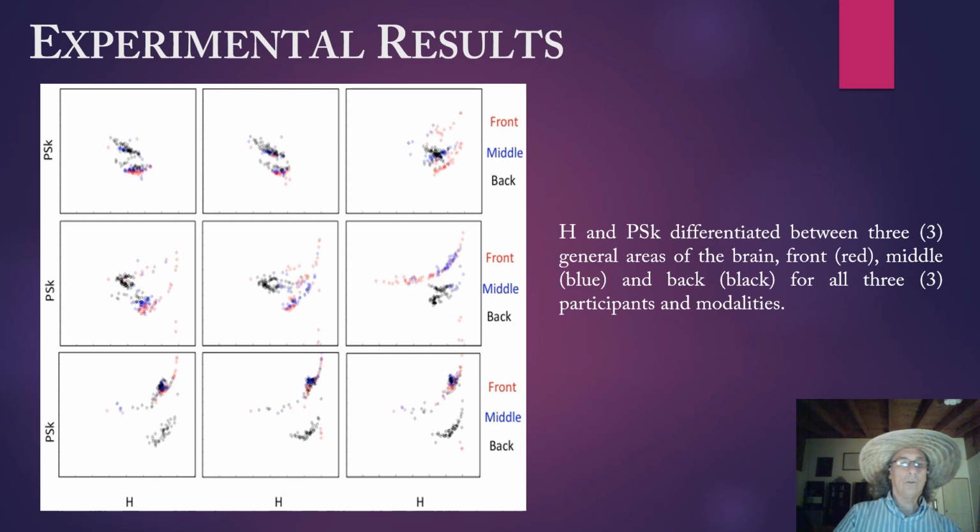So this is telling us that in the future we have to be very careful in how we analyze the different areas of the brain in terms of entropy and the Pearson's skewness coefficients, because they may give us indications of how differently the brain areas are behaving in different modalities, in different types of meditations, for different participants.